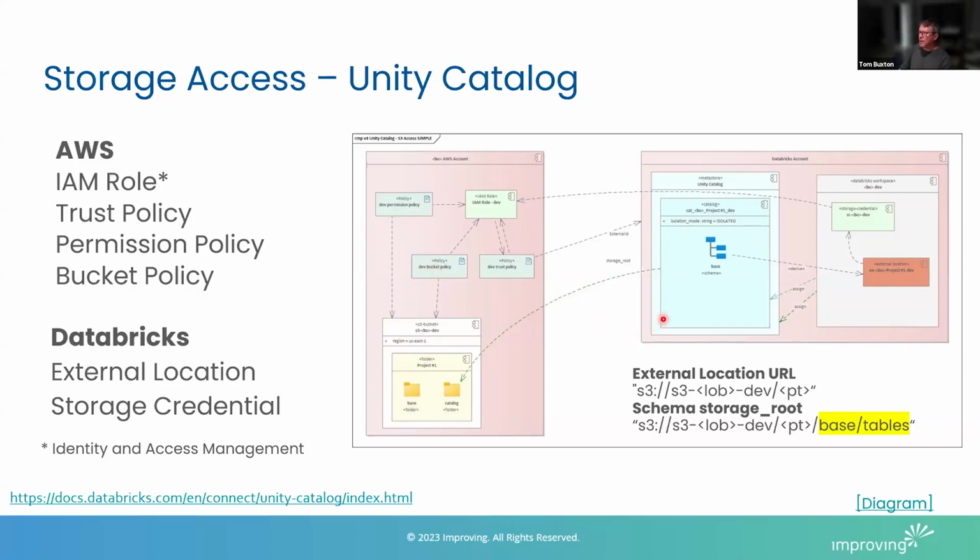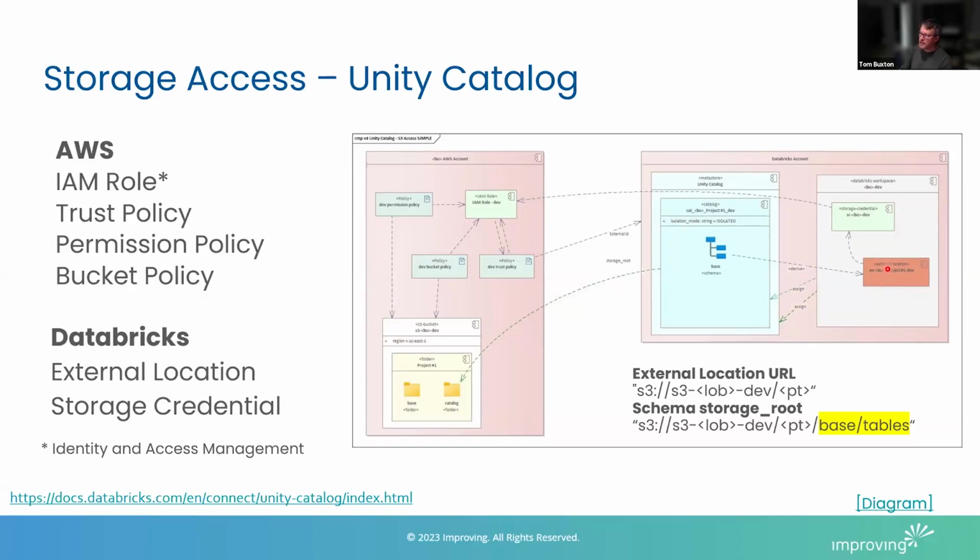Within Databricks, we have a new concept now that we're introducing called storage credential, and then a second one we're going to introduce, which is the external location. Both of these are actually Unity Catalog objects. They're not workspace objects, even though through the REST API we create them at the workspace level, so it's a little bit confusing. We can help that by using an admin workspace to create them.